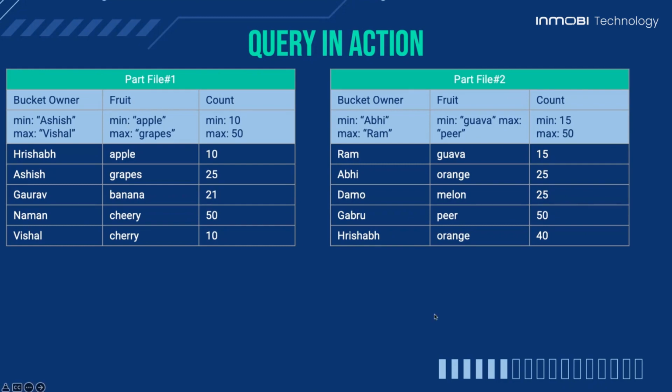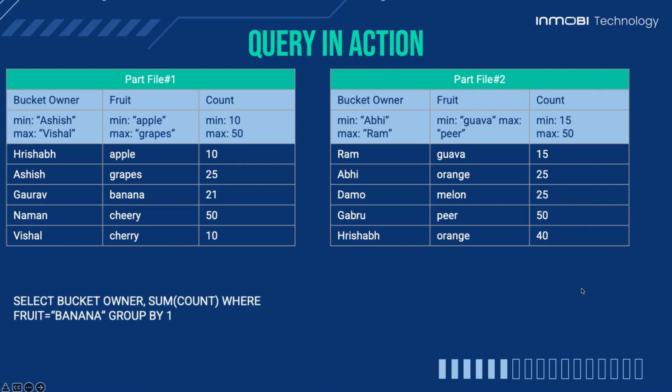Parquet will store something like this: for bucket owner, the min value in this part file is Ashish, max value is Vishal. For fruit, min value is apple, max value is grapes, and for count, the min value is 10, max value is 50. Similarly, part file 2 will have the same information.